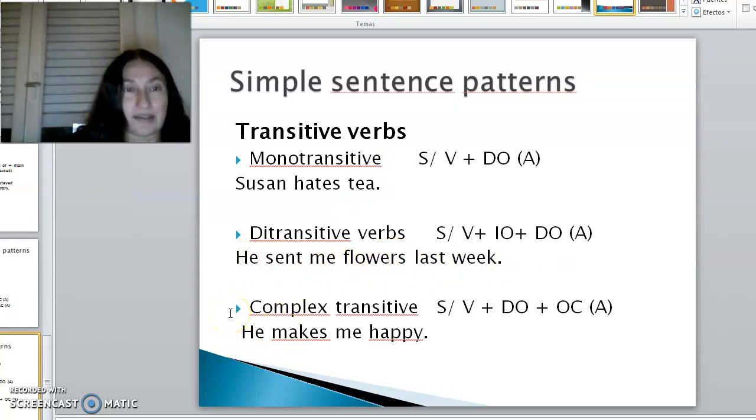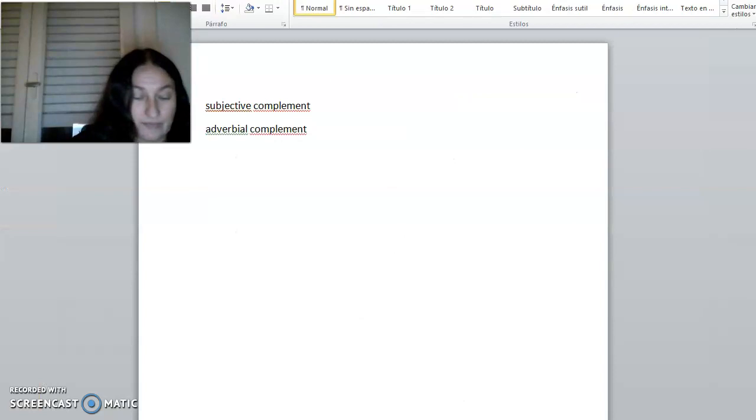And the last type we're going to discuss is the complex transitive verb. He makes me happy. He is the subject, makes is a transitive verb, me is the direct object, and happy is the objective complement.